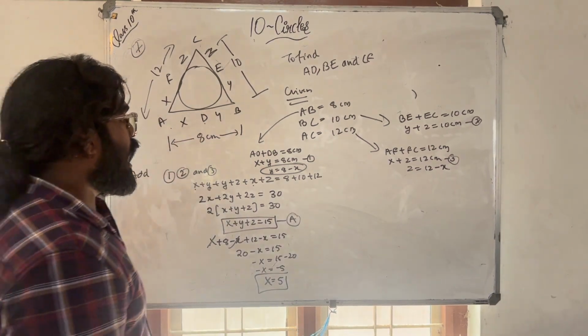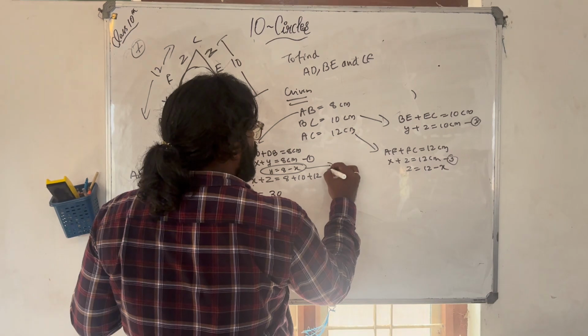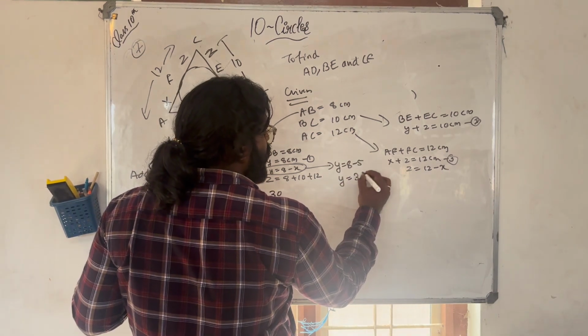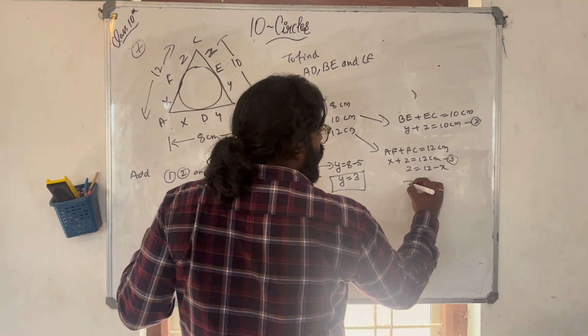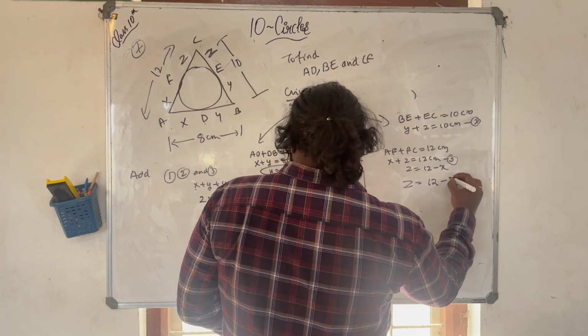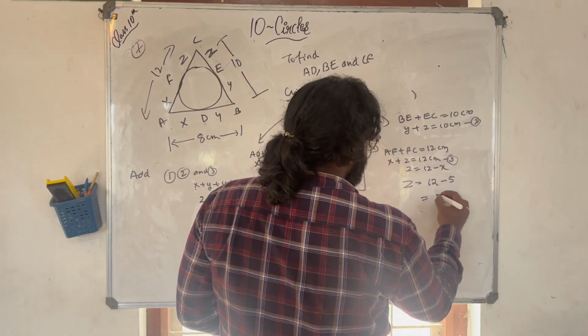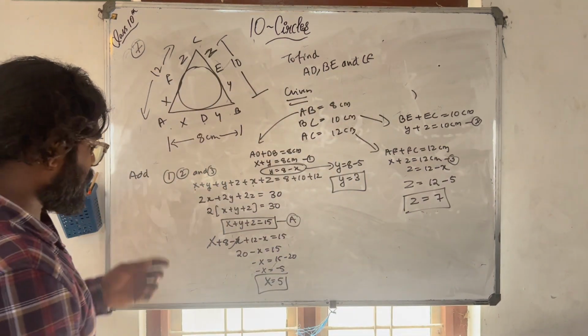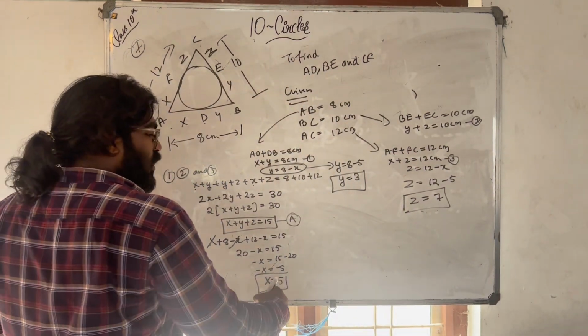I hope you understood. Now when X is equal to 5, your Y is equal to 8 minus 5. So Y will be 3. And your Z will be 12 minus 5, that is 7. Z is 7. Correct? So X, Y, Z you got.